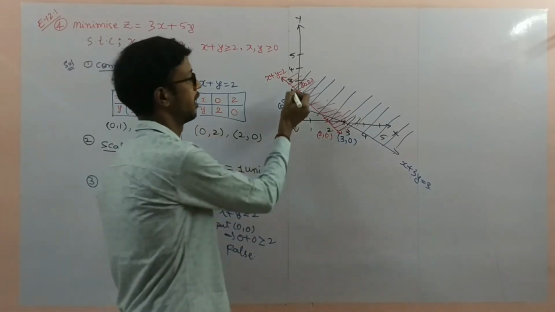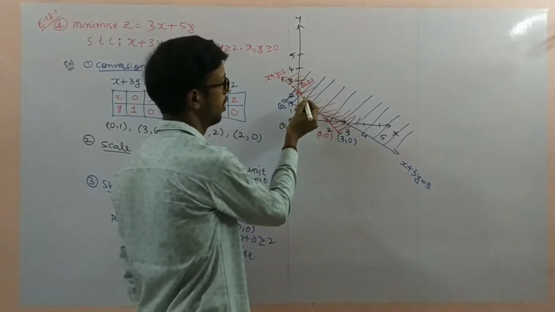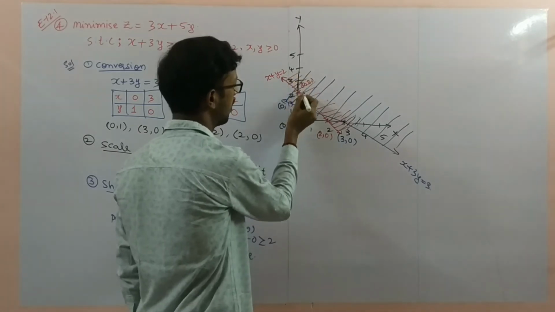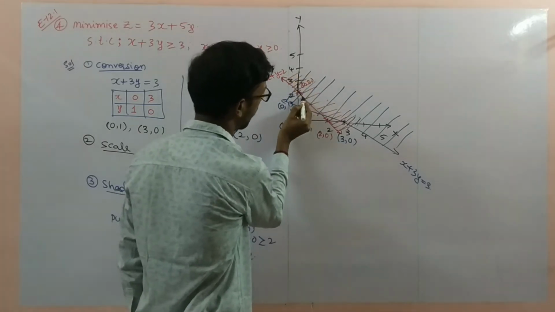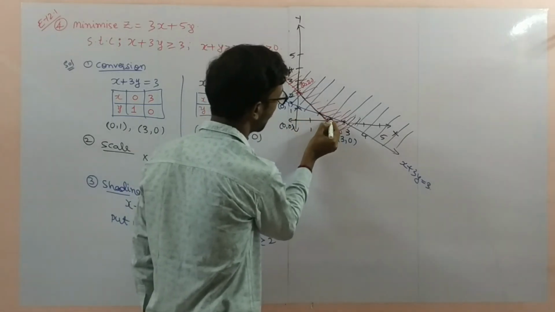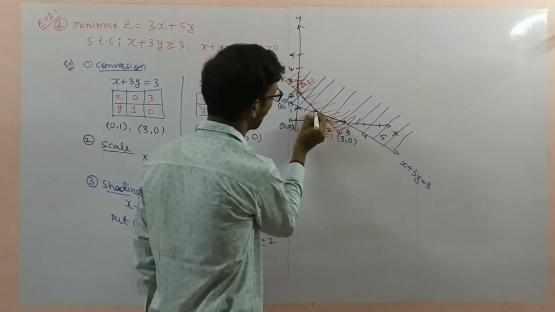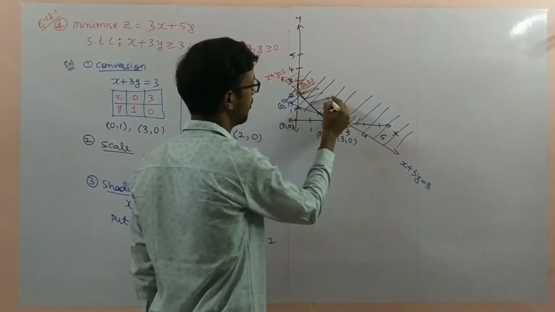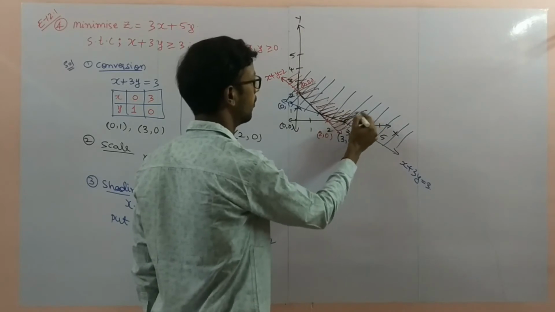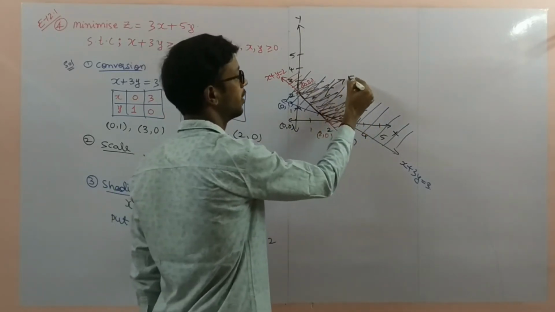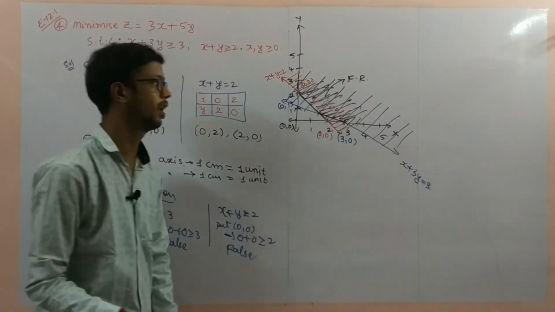Only the first quadrant. This total is the common region. This is the feasible region.